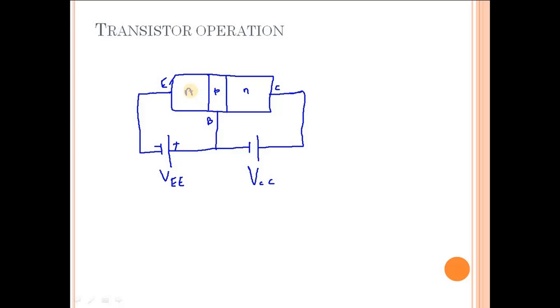Although these are the majority charge carriers of N-type material, when they come to the P layer, they add to its minority charge carrier concentration.